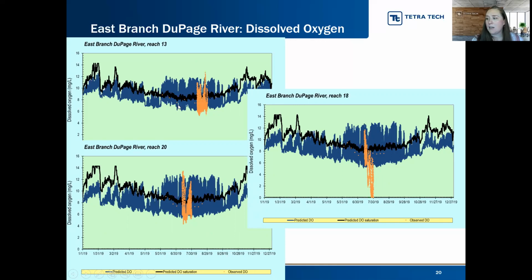Our simulation is showing that whenever DO goes above that saturation point, that's supersaturation, which is indicative of algal growth. And then we can see here that when grab samples were taken or field observations, single points in time of dissolved oxygen, those are these points here. But when we have a sonde out there, we can see what that diel range is actually like over the course of the day and how it varies over the summer.